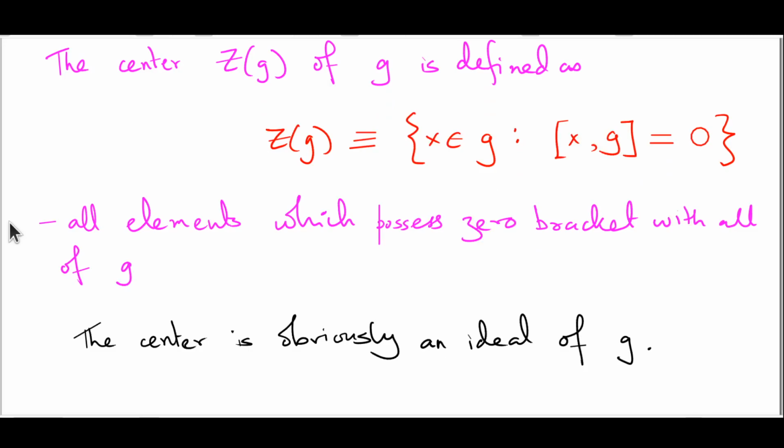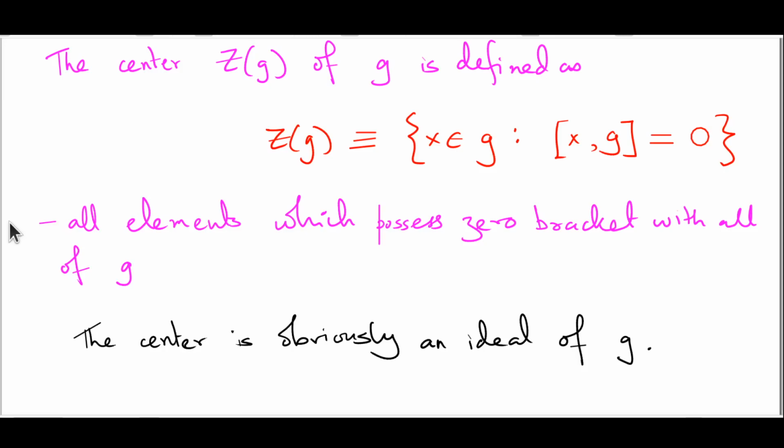Now it is rather obvious that the center is an ideal of G, simply because if you take the Lie bracket of the center, this subspace, and the entire Lie algebra G, what you are going to get is a singleton element with only the null vector, which is definitely contained inside Z of G. So this is an example of an ideal.